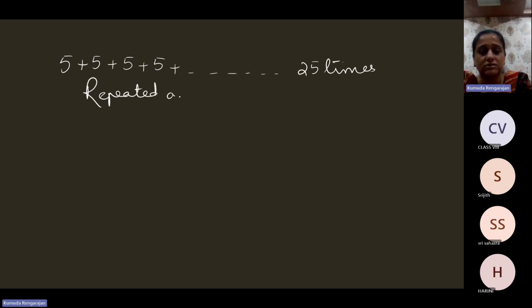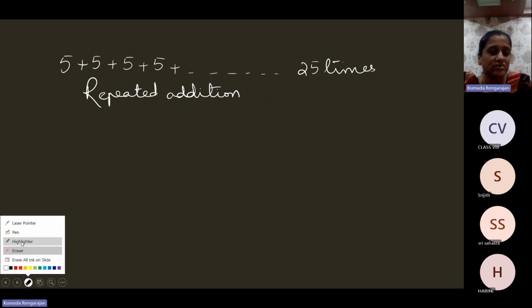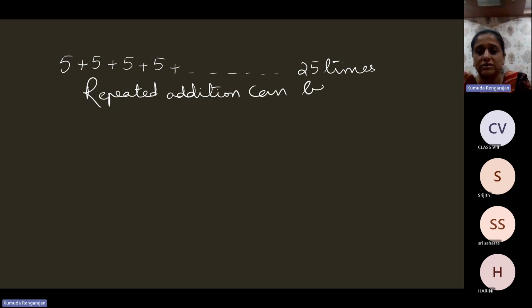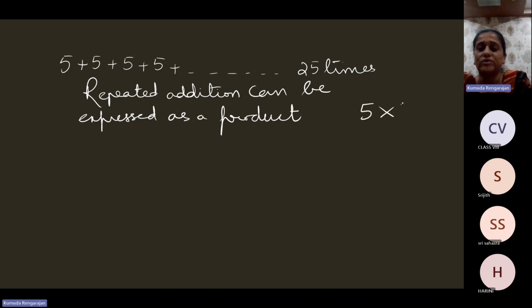Repeated addition can be expressed as a product. Let me write that. So how do you express it as a product? 5 plus 5 plus 5, 25 times, can be written as 5 into 25.